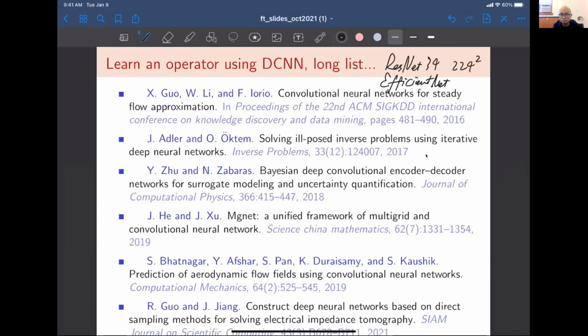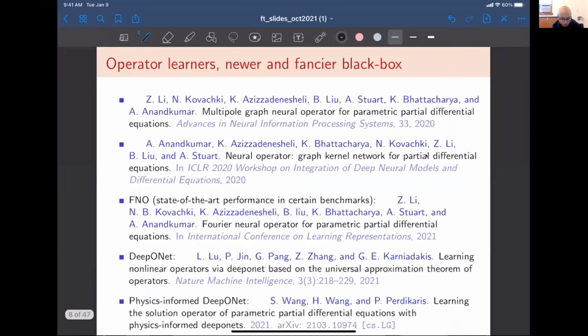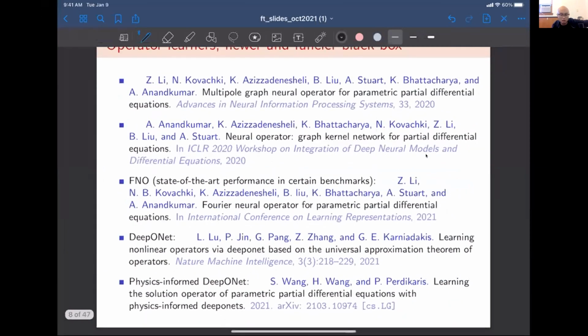Let's say B3 is 300 square. If we get bigger, the resolution can be bigger, but it has to be fixed. Otherwise, once we do this interpolation or sampling, the performance will degrade.